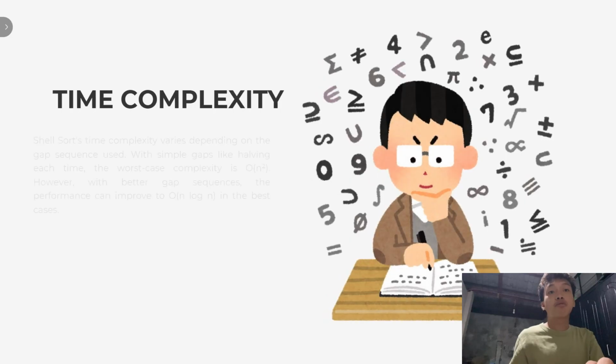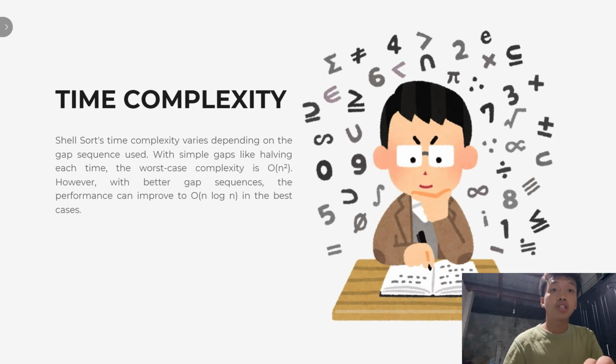Let's talk about the time complexity of shell sort. Shell sort performance depends on the gap sequence used, or how far apart the elements are during each pass. If we use the original method, we are simply cutting the gap in half each time. So the worst case time complexity is O of n squared.